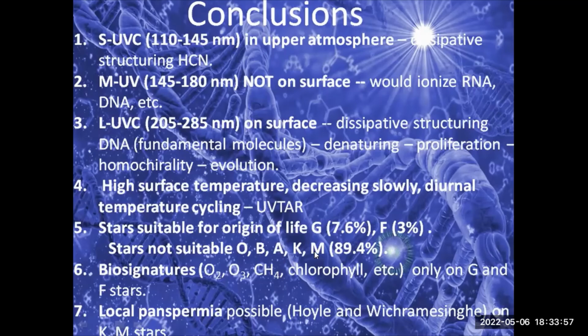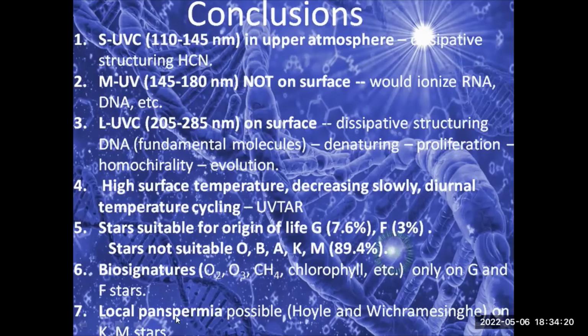Now we could have life on these K and M-type stars through a process known as panspermia. Once you have a developed system like a bacterium and a spore, then these spores can be transported through space, and this has been determined through experiments on spacecraft.